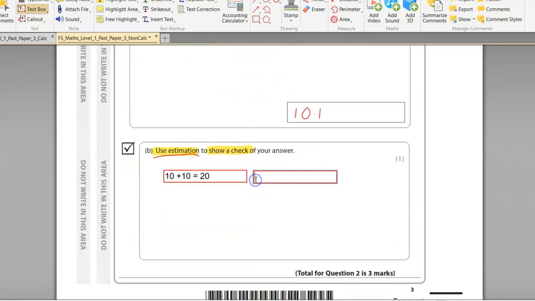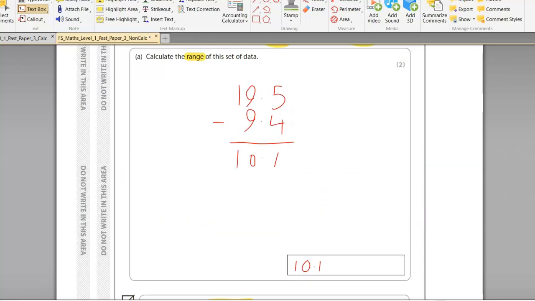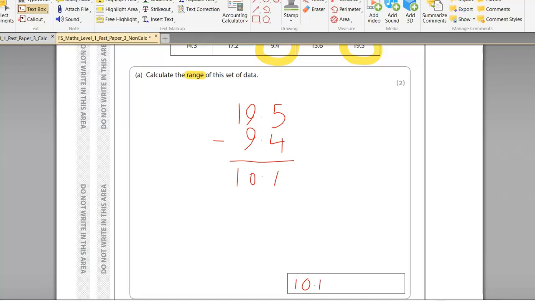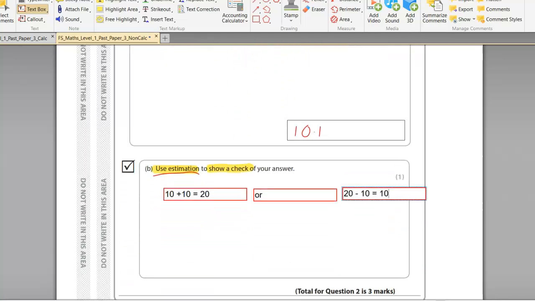Or, when we've got one of these show or check questions that asks you to use estimation, they actually allow us to just do it in the same order, as long as we are rounding the numbers. So there we could just say that a check of that is roughly speaking 20 take away 10 makes 10.